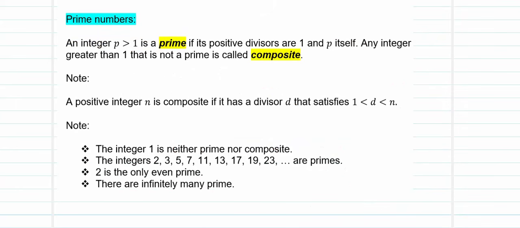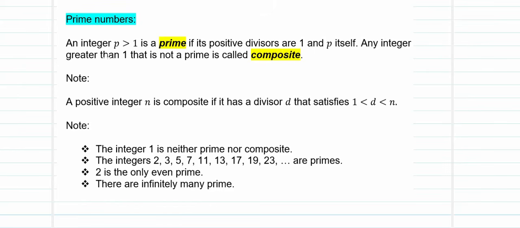Next, moving on, we define what is meant by a prime number. An integer p which is greater than 1 is called a prime if its positive divisors are 1 and the integer p itself. So, apart from 1 and the number itself, if the number is not divisible by any other quantity, then you call it prime.